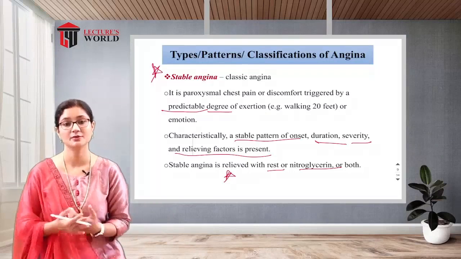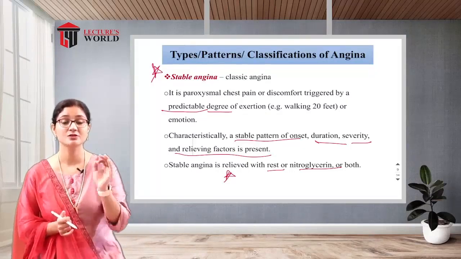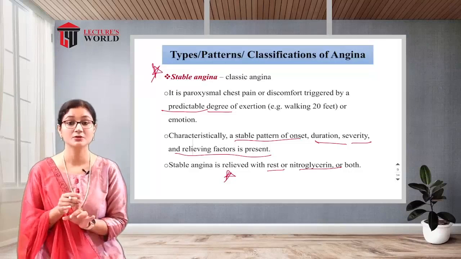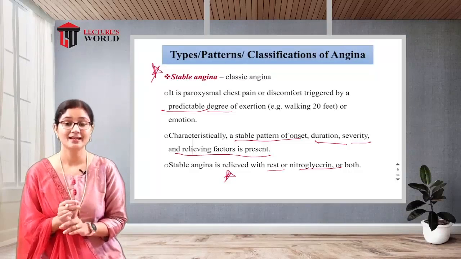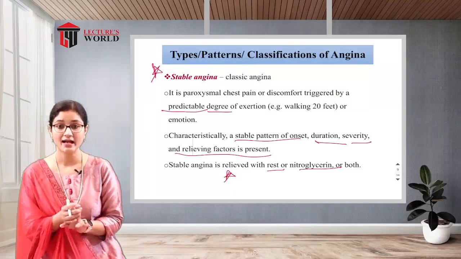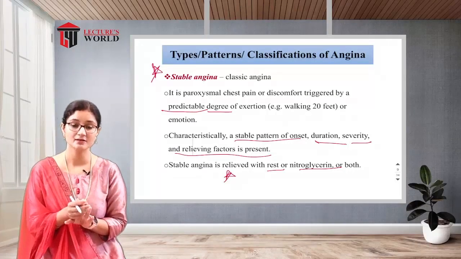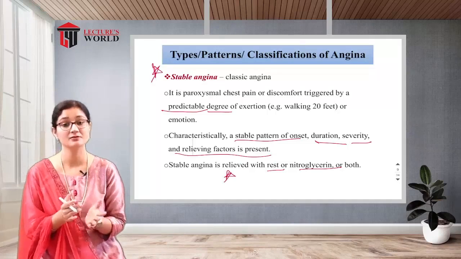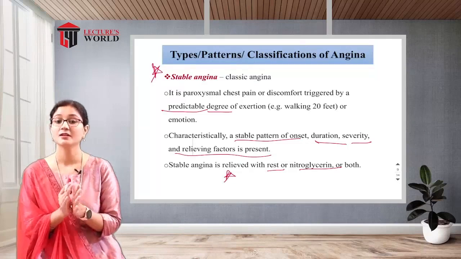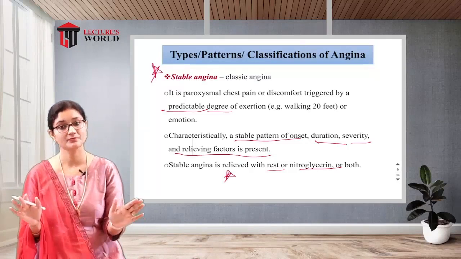This is the characteristic of stable angina, very important. What you need to remember is that there is a predictable degree of exertion or stress, and it is relieved by rest or nitroglycerin or both.